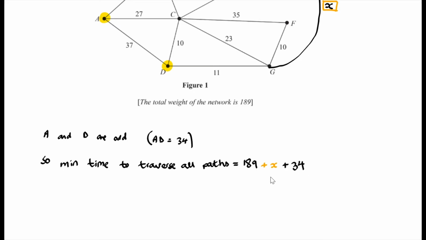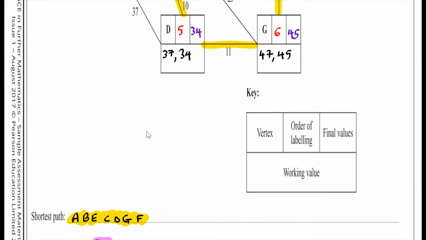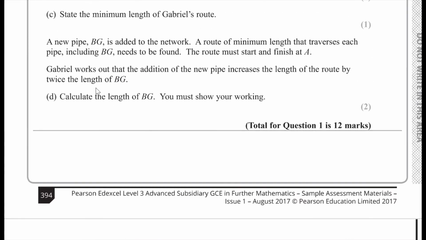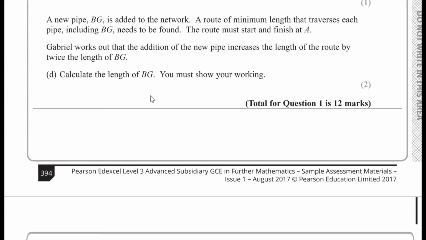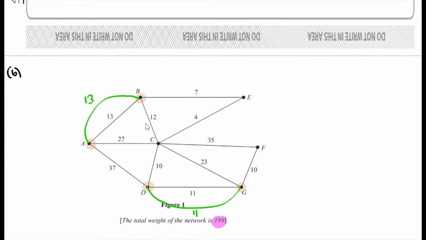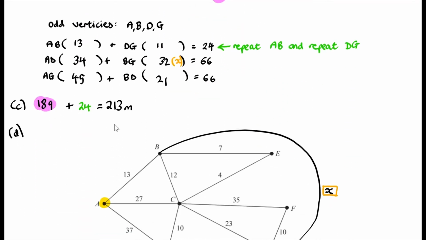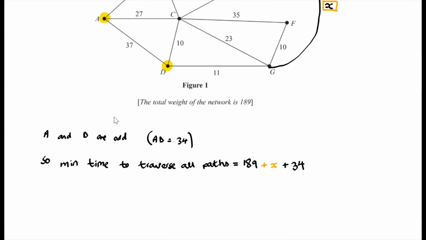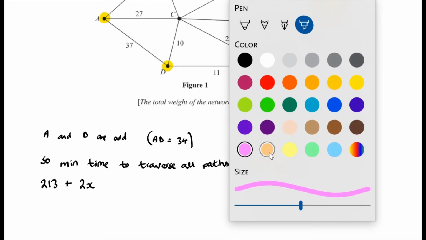Okay, and we were also told in the question that Gabriel works out the addition of the new pipe increases the length of the route by twice the length of BG. So we've got this length of the new route. We have 213 plus twice BG. So we have 213 plus 2x.